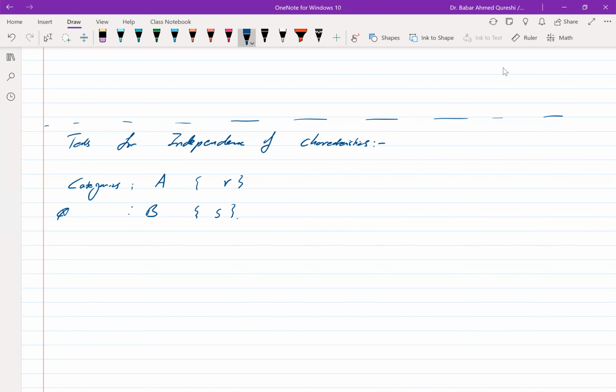You want to know if there is any correlation between those two categories, set A and set B, or are they independent? So the test is basically about the independence. So you start with the assumption that the two categories are independent, and then you try to reject it. So instead of starting with the most general case, let's do it by considering a simple example.